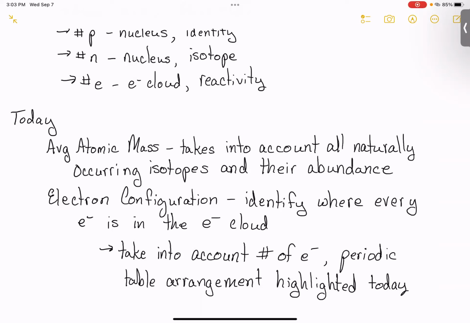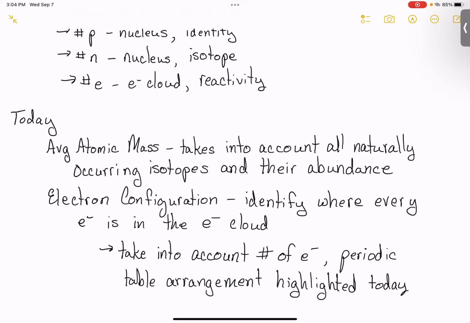What is actually on the periodic table in red at the bottom of each box on the one that's on the wall is the average atomic mass. The average atomic mass takes into account all naturally occurring isotopes and their abundances.